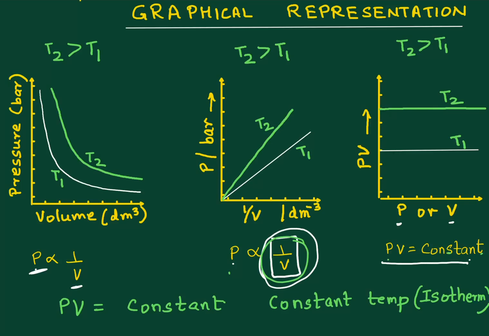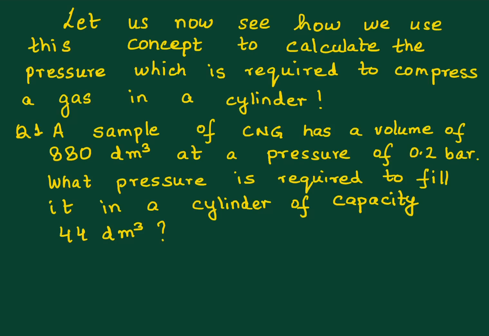Now, would you like to understand the practical application of this particular law? We are going to see how this concept is useful in daily life. I am taking up a question over here. The first question, you see it is listed over here. If you've understood the topic, why don't you try this question yourself?